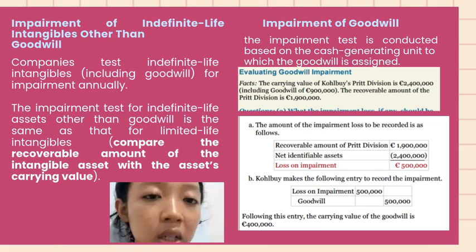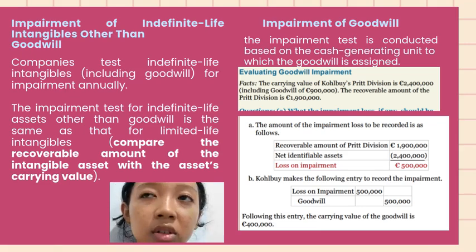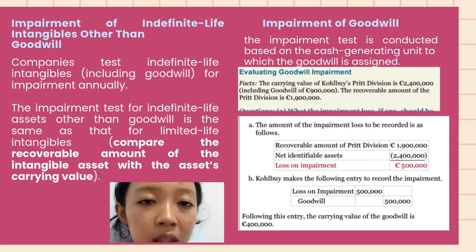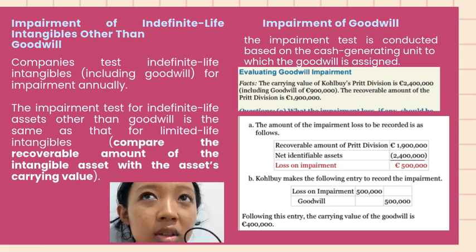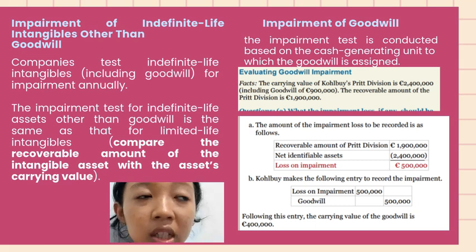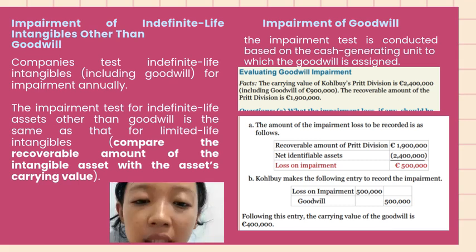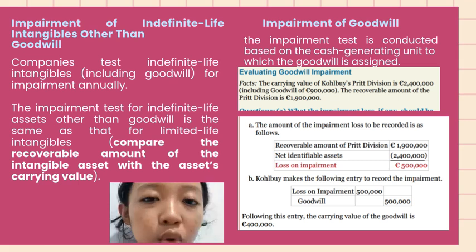With the previous one, the company does not have the obligation to do it annually; the company just runs the test when an impairment indicator is seen or felt by the company. Otherwise, there's no need to run the test.